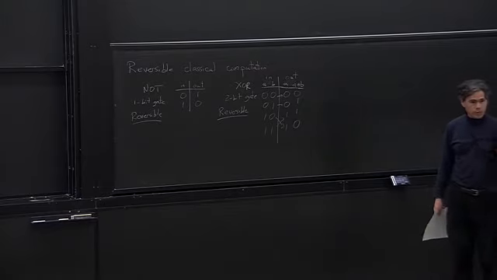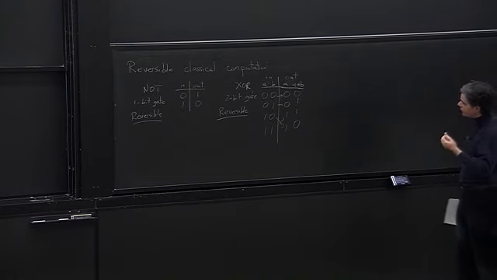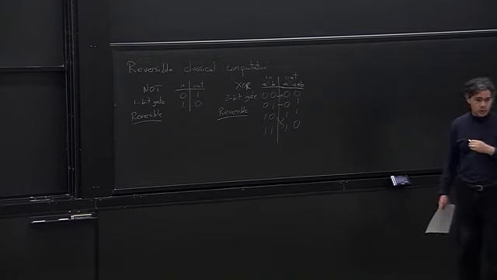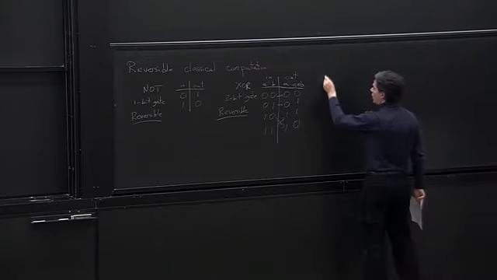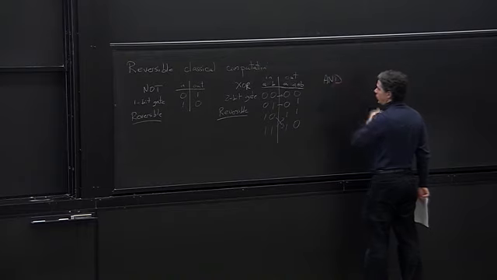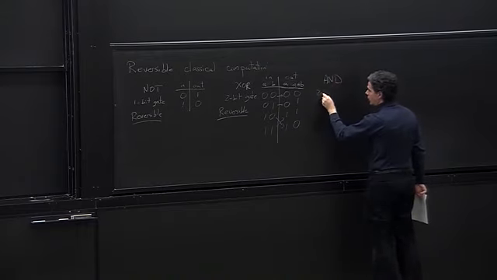OK, so maybe at this point, it doesn't seem like this is going to be so hard. But the next example shows that it's a little more complicated. And this is another pretty standard gate, the AND gate. Again, it's a 2-bit gate.